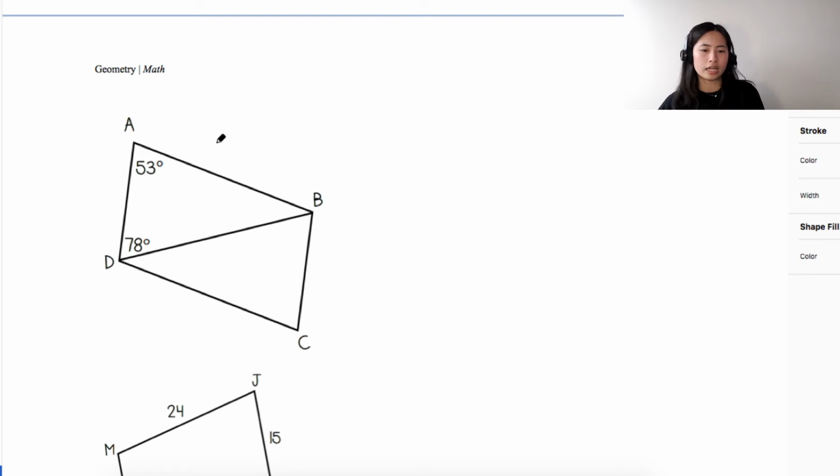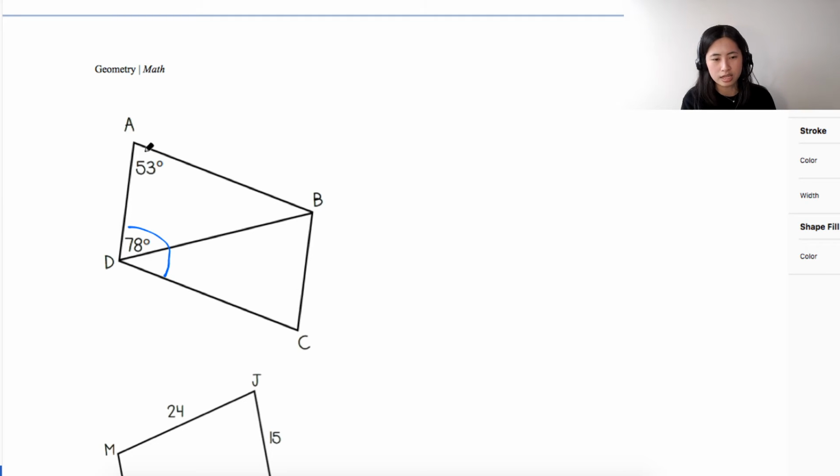Now that we have this figure, anytime you have a diagonal, I think a lot of students just feel overwhelmed. So if you have 78 degrees here, the first thing that you need to find is this whole thing, because once you know what this whole thing is, that kind of answers the question for this and for this.